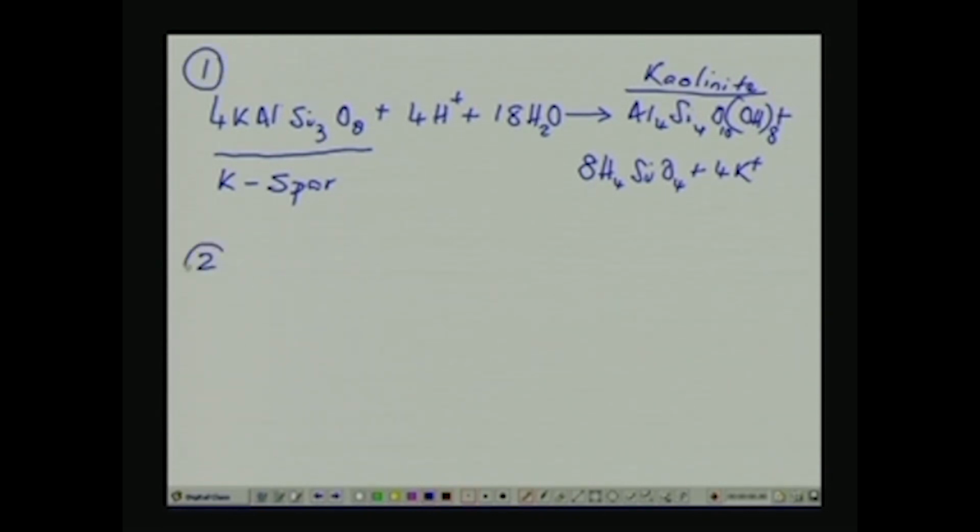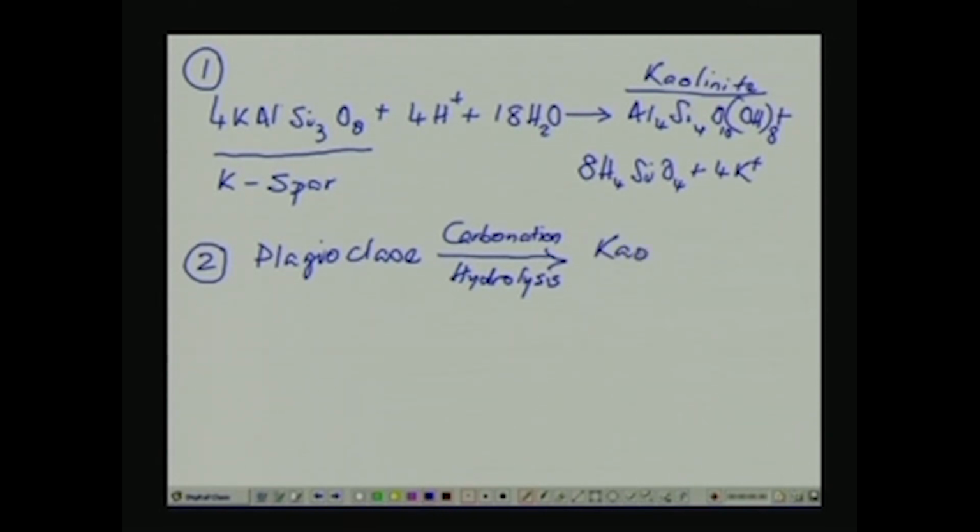In addition to it, what we have is plagioclase feldspar, which is essentially an aluminosilicate of sodium and calcium, sodium, calcium and aluminum, that also with carbonation and hydrolysis ends up in formation of kaolinite. This was not discussed in the previous lesson.